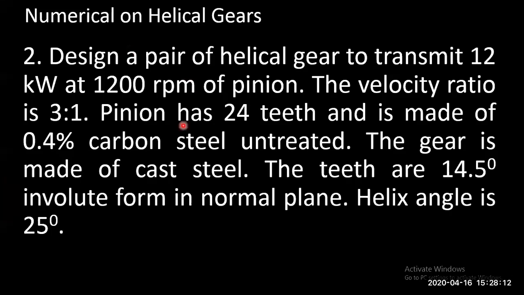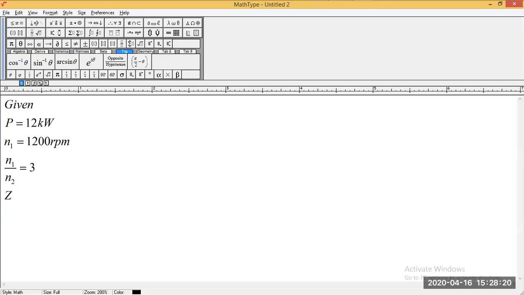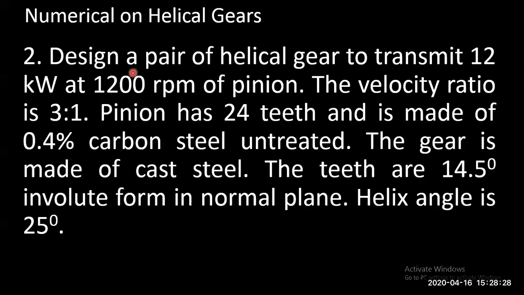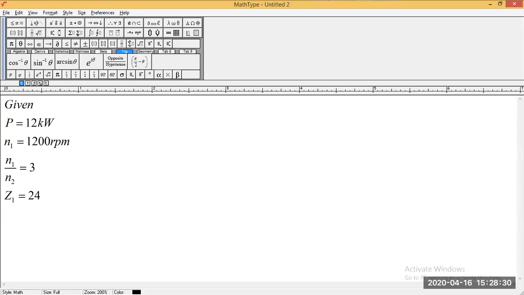Then what else? Number of teeth and the material are given. Number of teeth on pinion, ZP or Z1, is equal to 24.